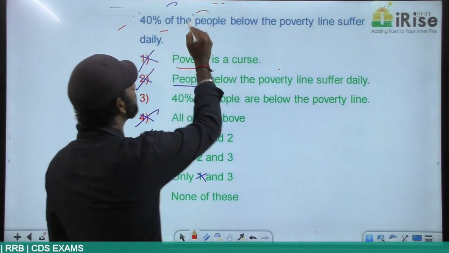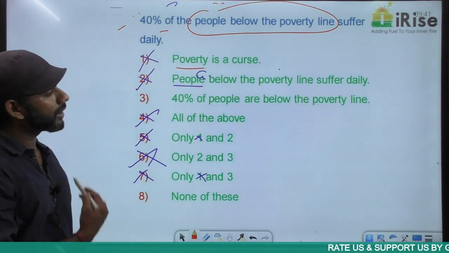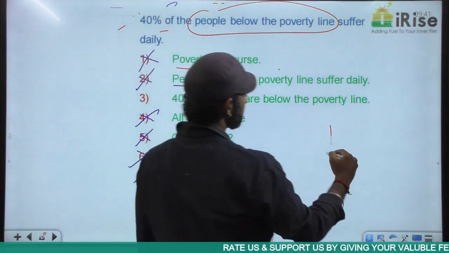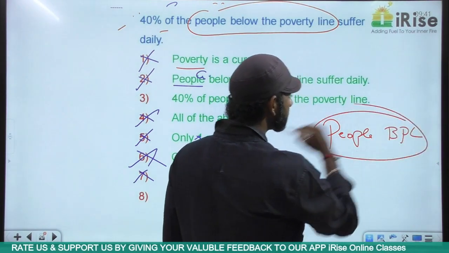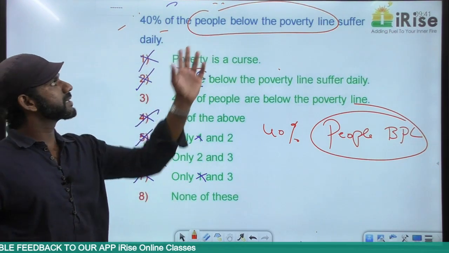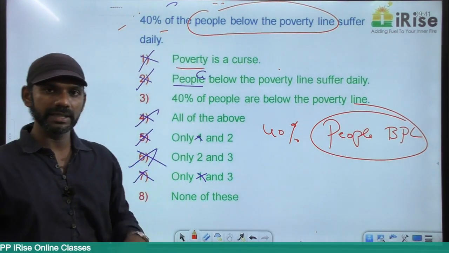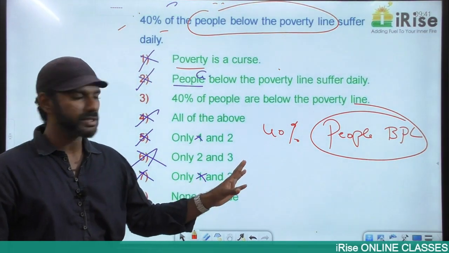40% of the people below the poverty line means, according to the question, from the people below the poverty line, we are taking 40%.